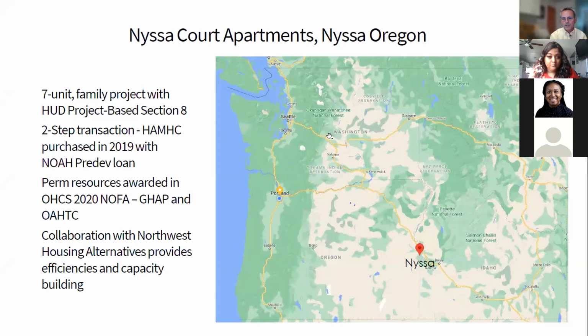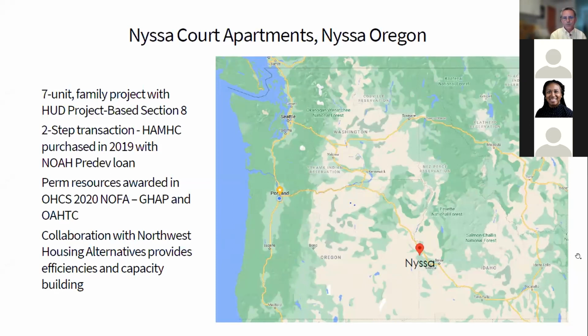Just to show you where it is, right on the border there near Ontario. 7-unit multifamily property with HUD project-based Section 8. They actually did a 2-step transaction. The Housing Authority did. They were managing the property and they had the opportunity to purchase it at a very low cost.